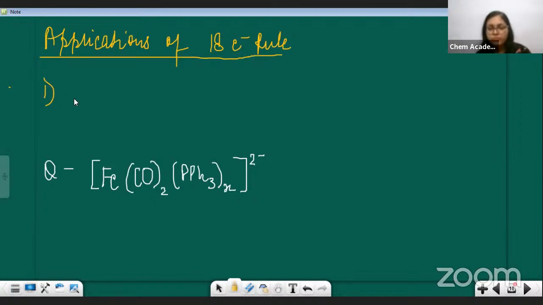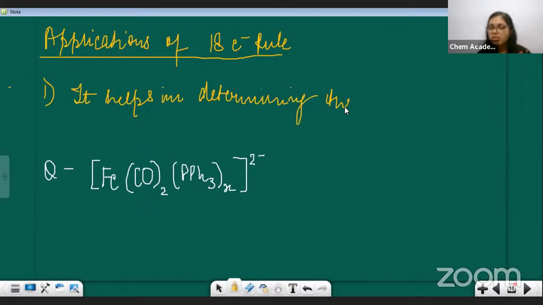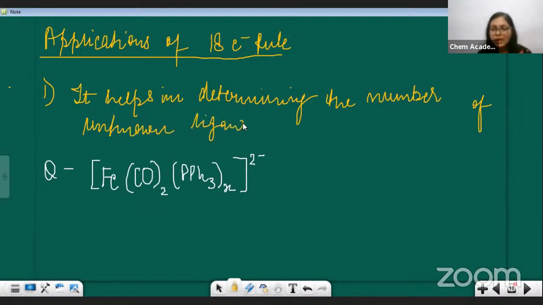Okay, so first application, it helps in determining the number of unknown ligands.